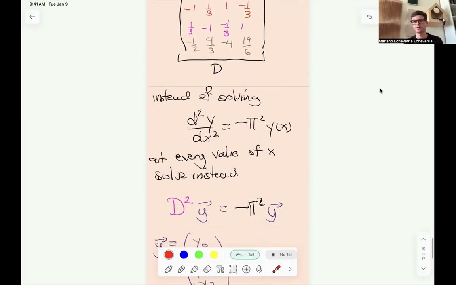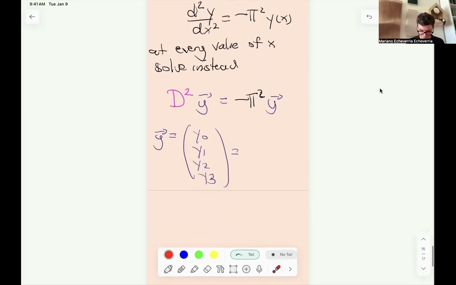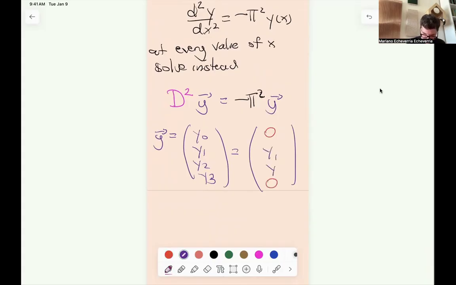So you end up just solving with 0, 0, y1, y2, where y0 and y3 are 0 to enforce the boundary condition.